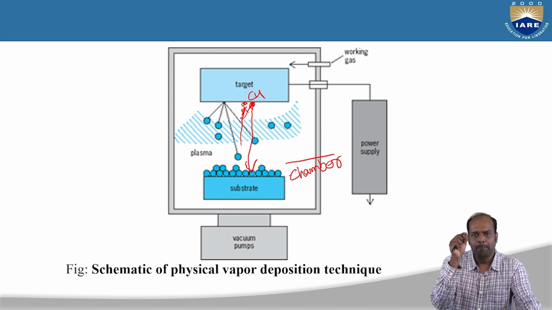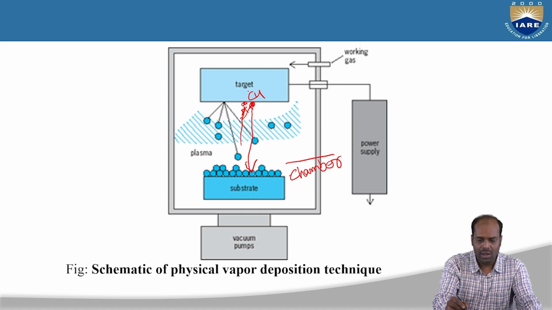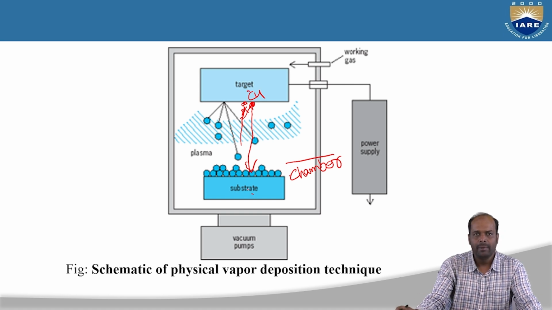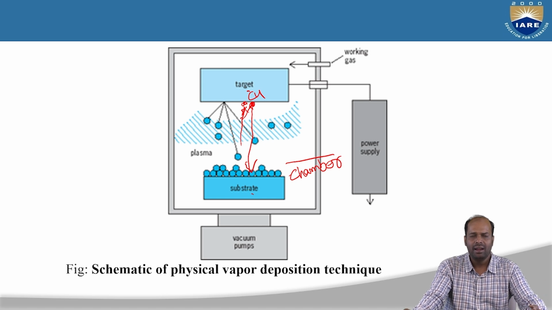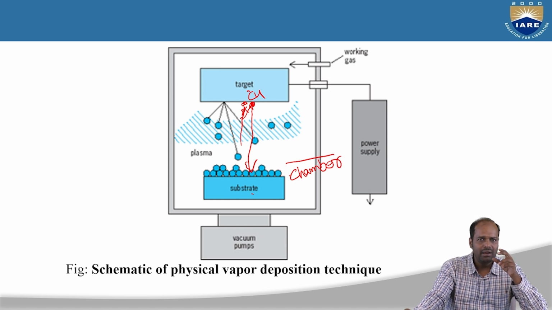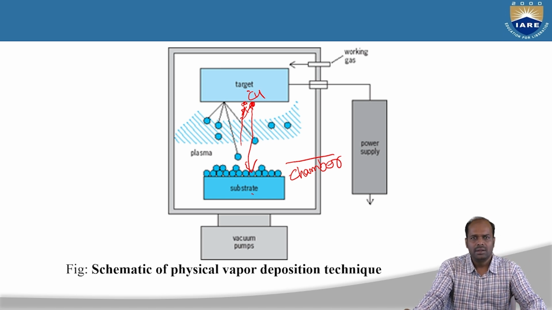Due to that, the material is able to penetrate, meaning the atoms can travel from the target material to the substrate. Each and every material has its own particular voltage, like copper, say 50 volts, and it changes from material to material.